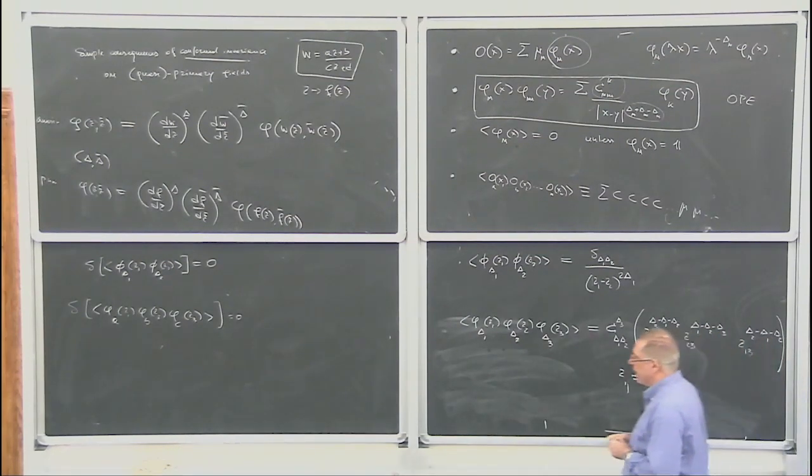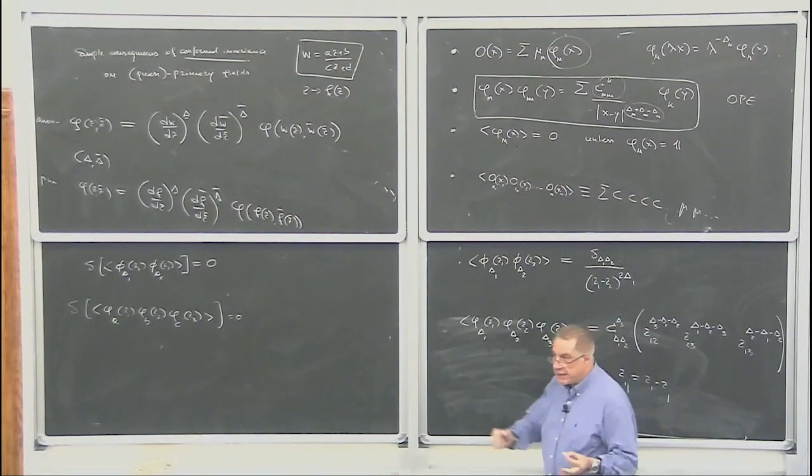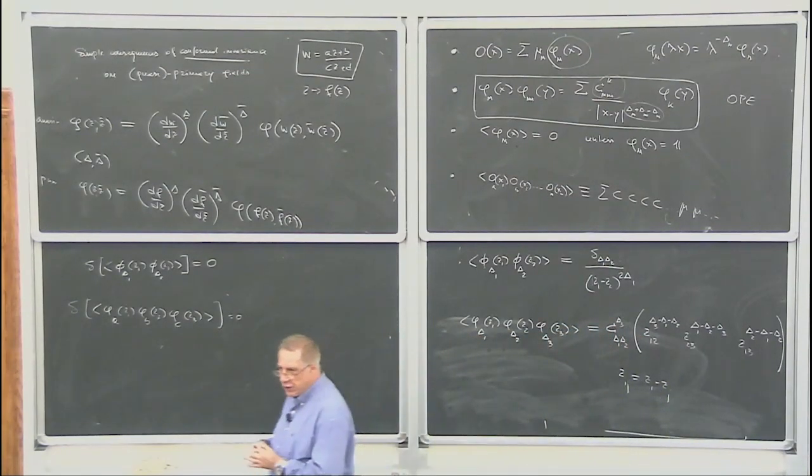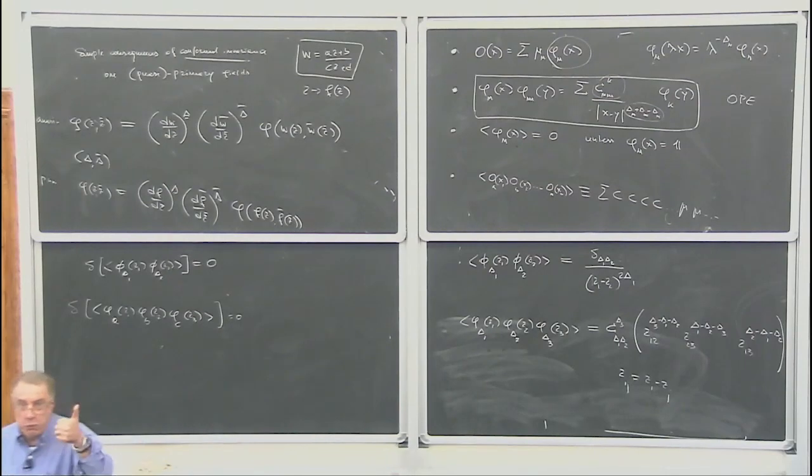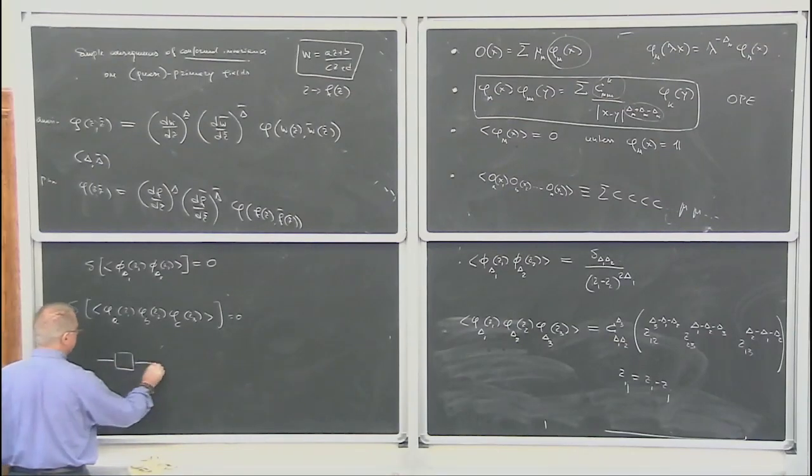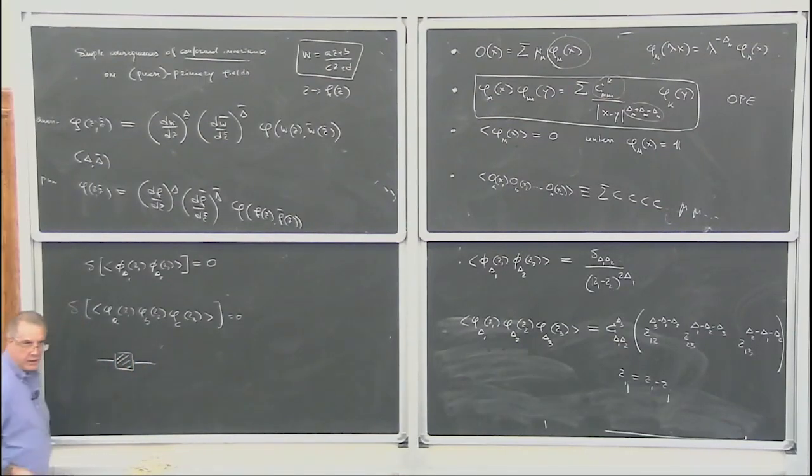Okay. Now, this means, great, my God, I'm solving the theory, I give you the 2-point function. Remember, guys, that the 2-point function in any field theory is hell. Think how you compute the 2-point function in any interacting theory. It's completely hell.